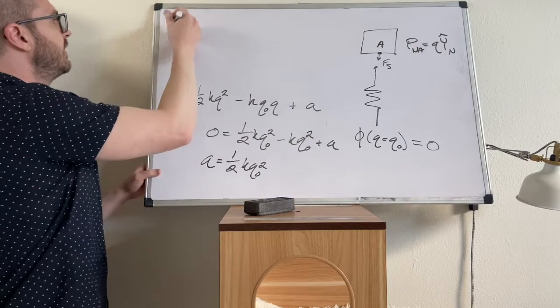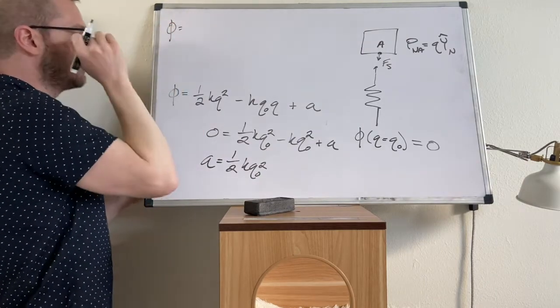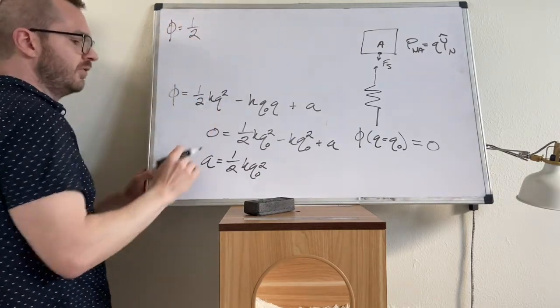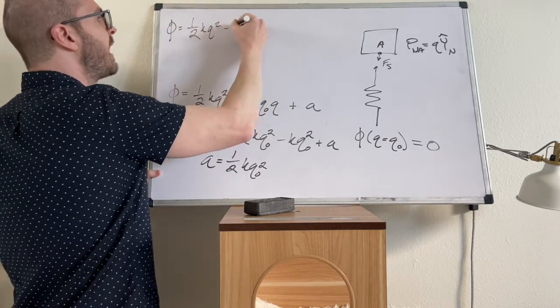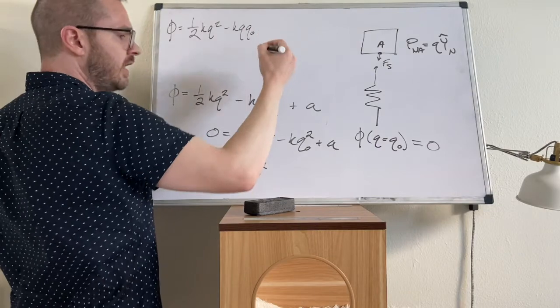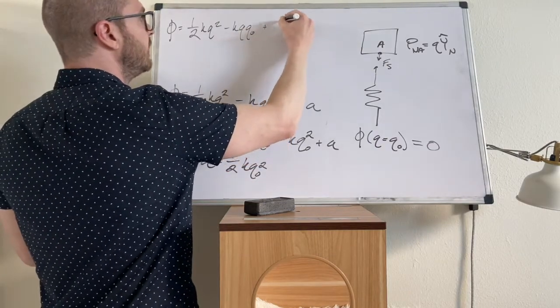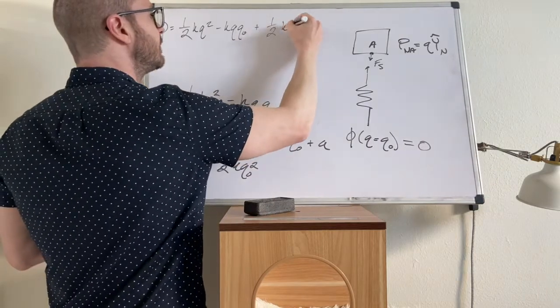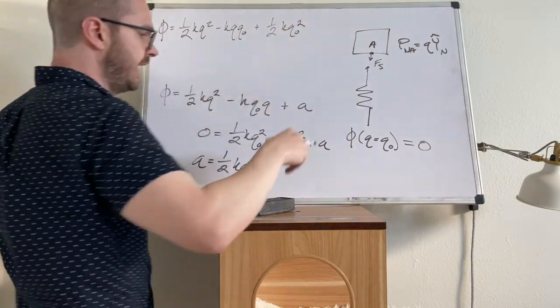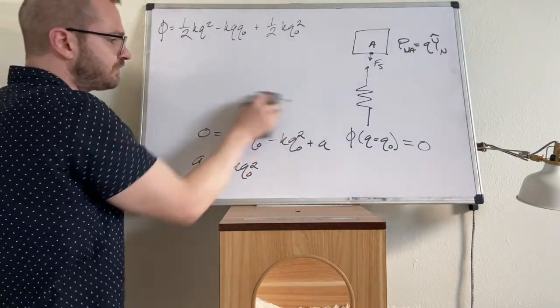So I'm going to take the potential function and rewrite it with this new a value: 1/2 k q squared minus k q q naught plus 1/2 k q naught squared. Okay.